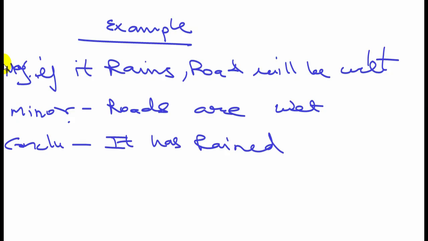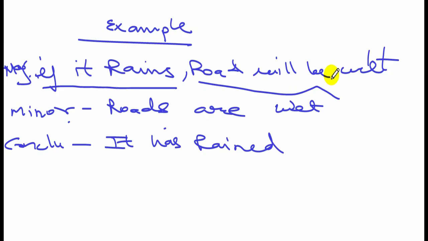So the reason why this argument in this example is fallacious lies in the nature of hypothetical propositions. The condition expressed in the antecedent, if it rains, may not be the only condition from which the consequent follows.